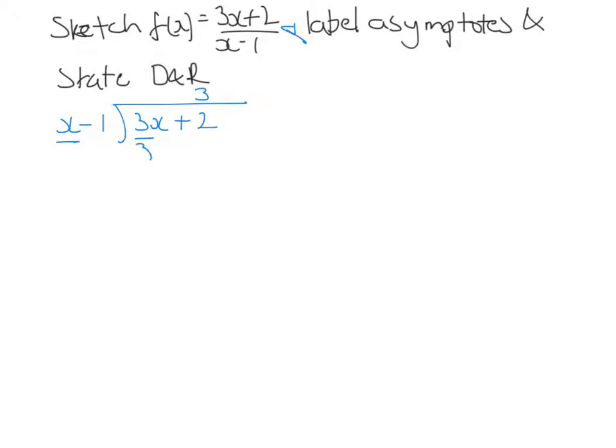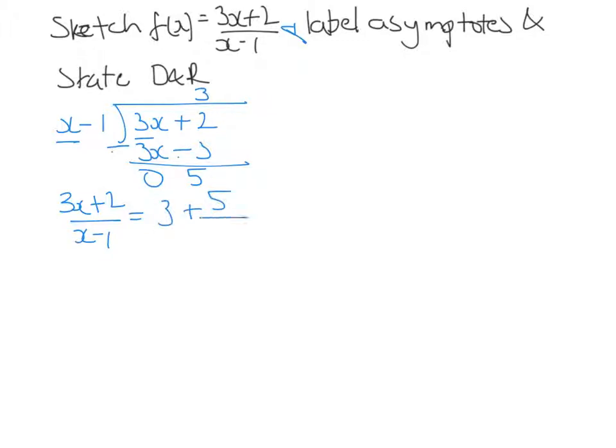So 3 times x is 3x, and 3 times minus 1 is minus 3. When I take them away from one another, 3x take away 3x is 0, and minus a minus is a plus. 2 plus 3 is 5. So 3x plus 2 divided by x minus 1 is equal to 3 plus 5 over x minus 1.